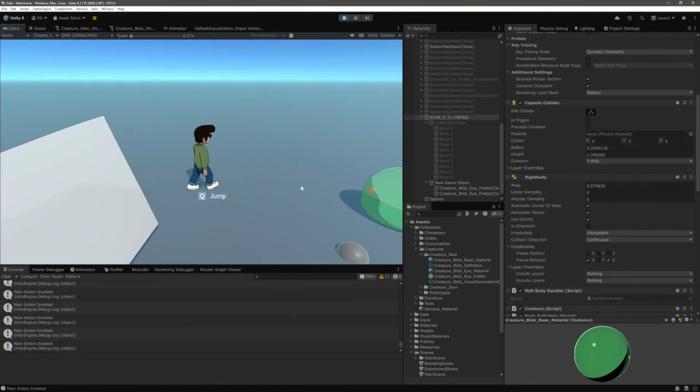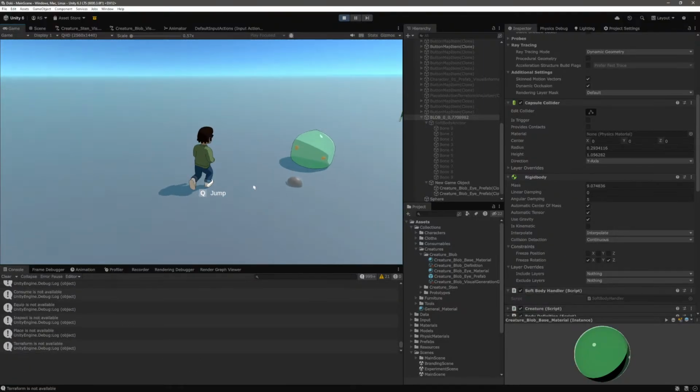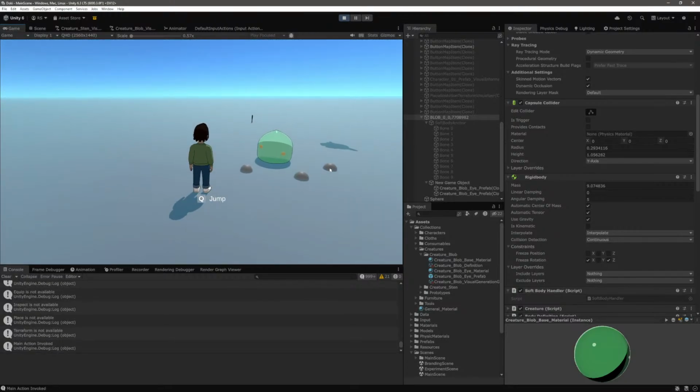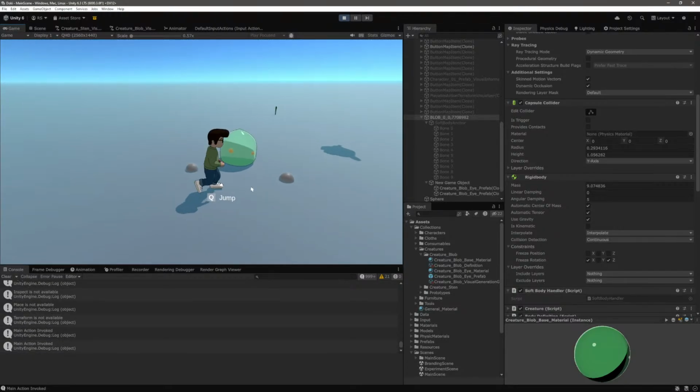An angular damping of 5 gives us a perfect result. Ah, okay, actually it doesn't.